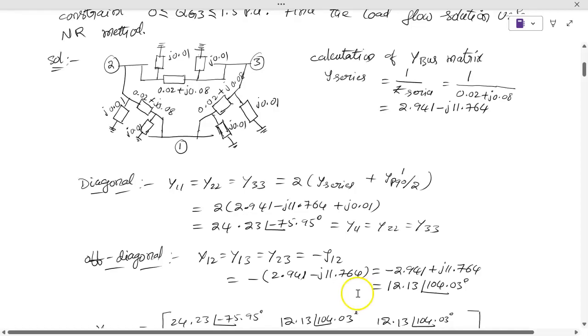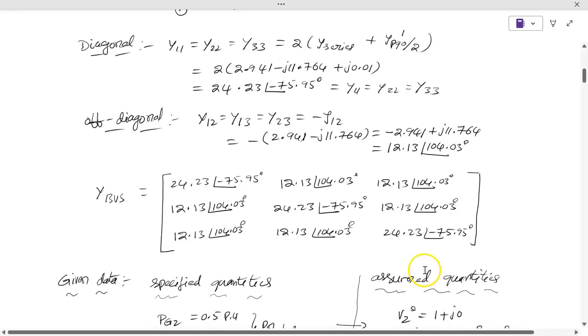Now for any diagonal element, this is the value, and for any off diagonal element, this is the value that we need to substitute. So now I am writing my required Ybus matrix.